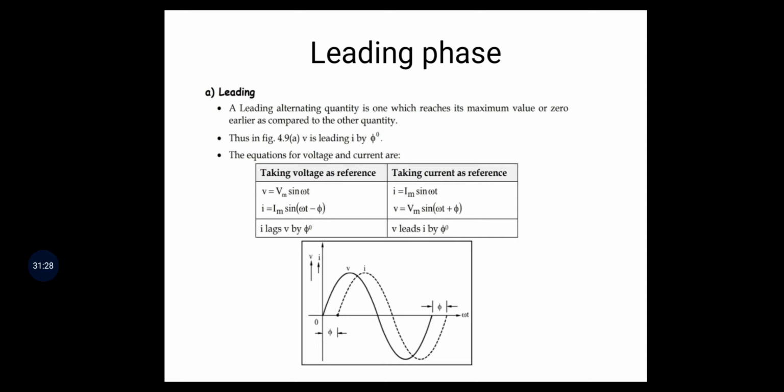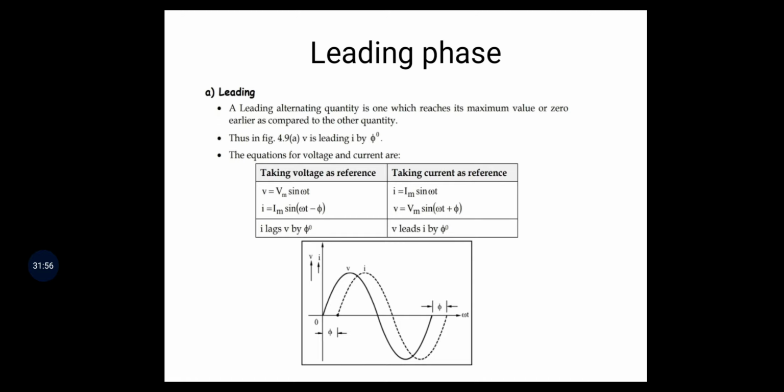In this diagram, the voltage and current waveforms are shown. Here the voltage is leading the current, because the voltage waveform reaches the maximum value before the current waveform.